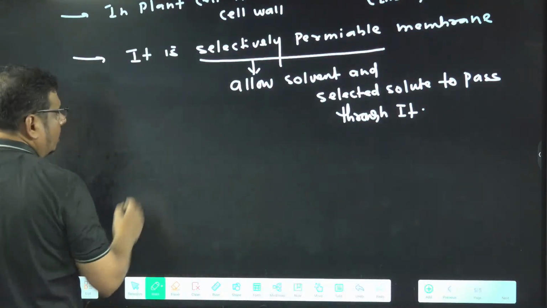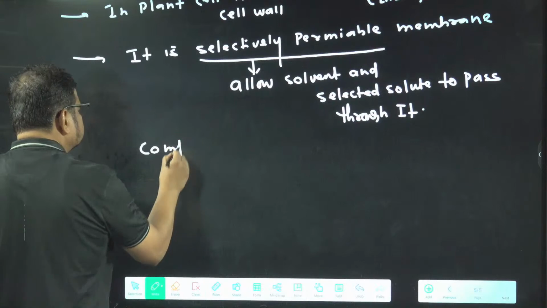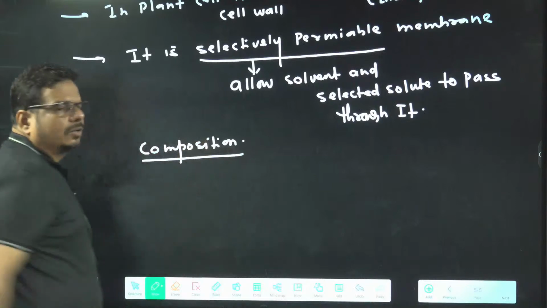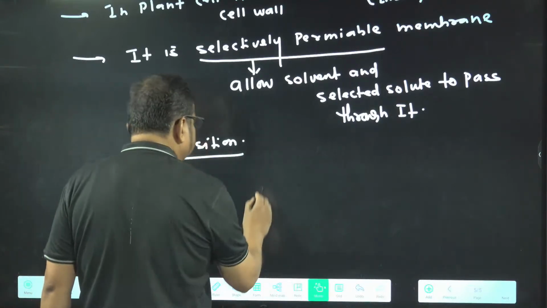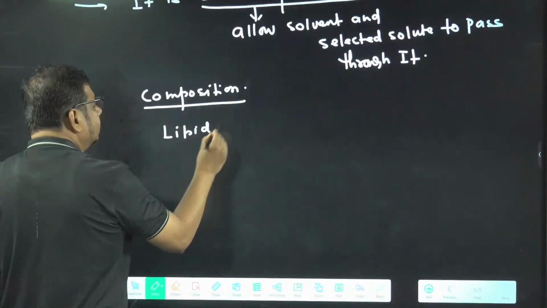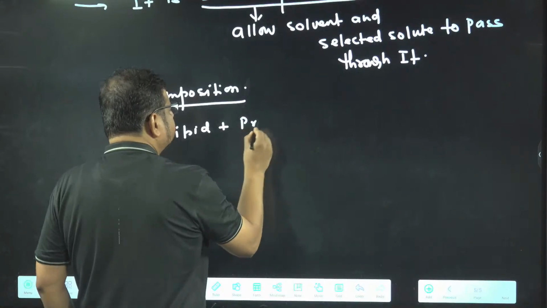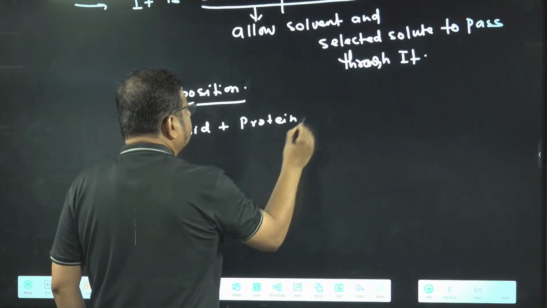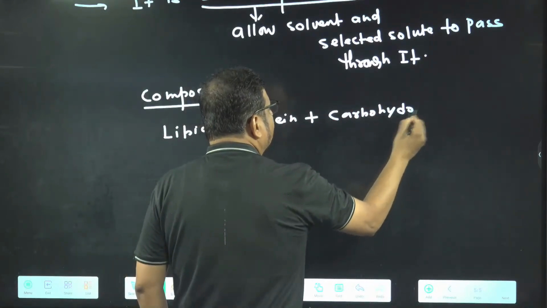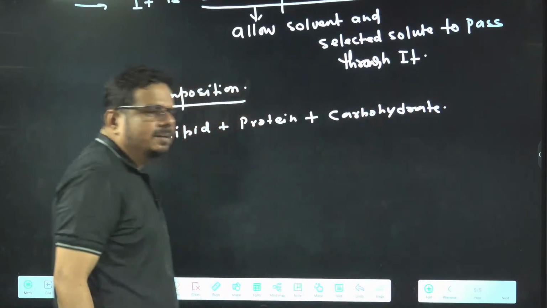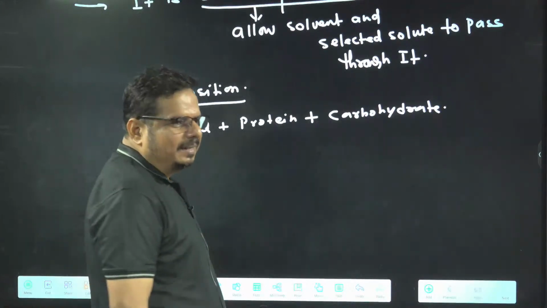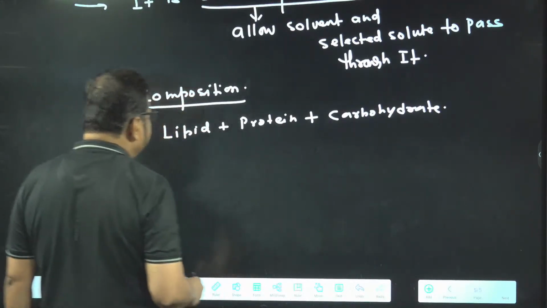Now we are going to talk about composition. Compositions of the plasma membrane. If we talk about chemical composition of the plasma membrane, it is made up of lipid, protein, and carbohydrate. All three are present in the plasma membrane.